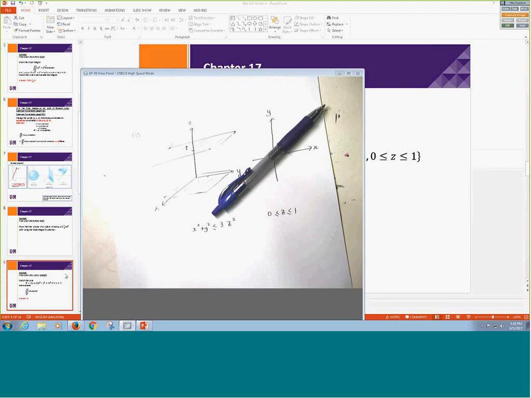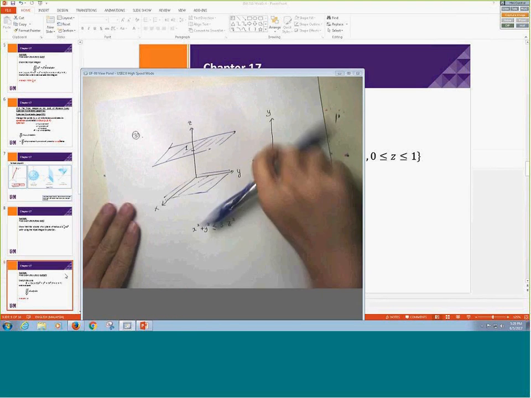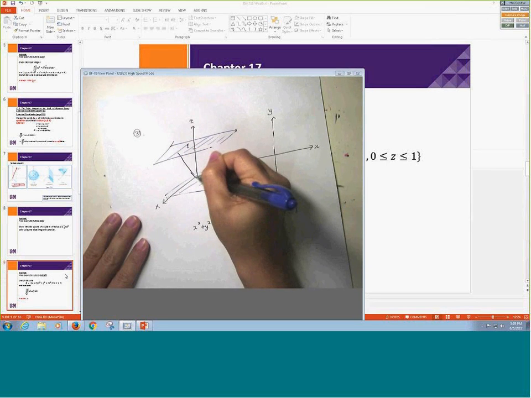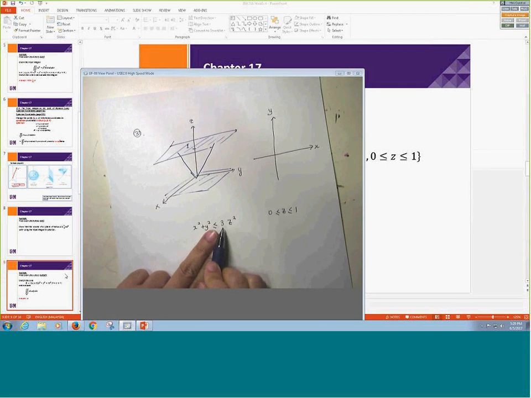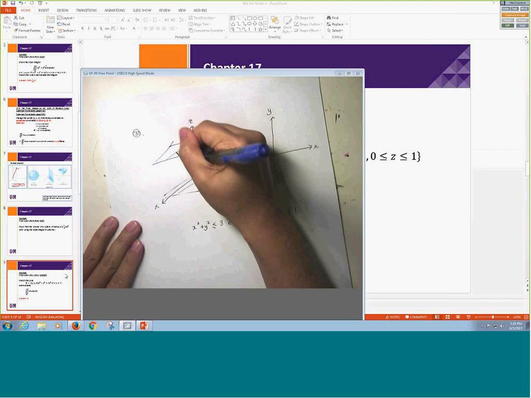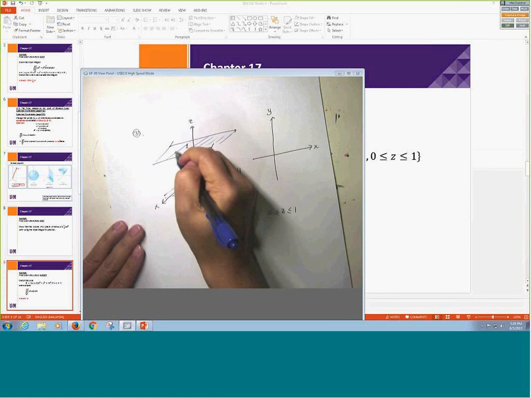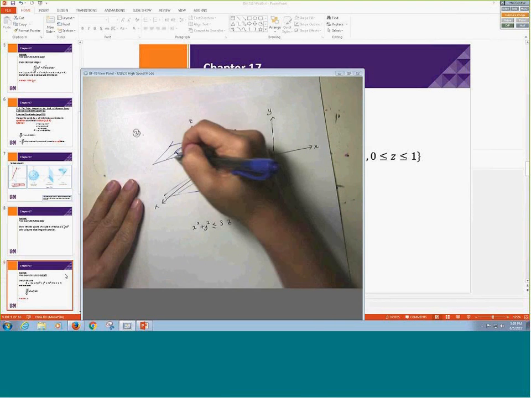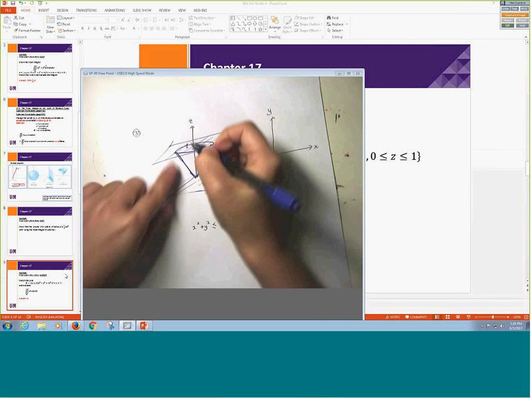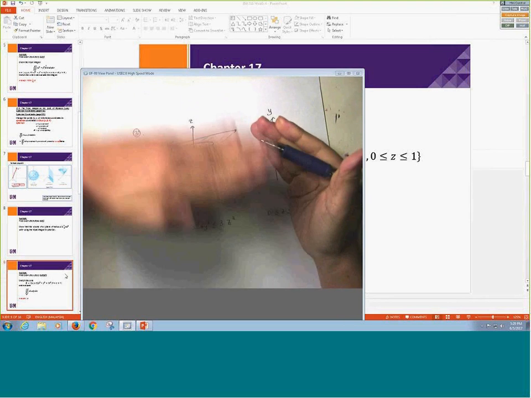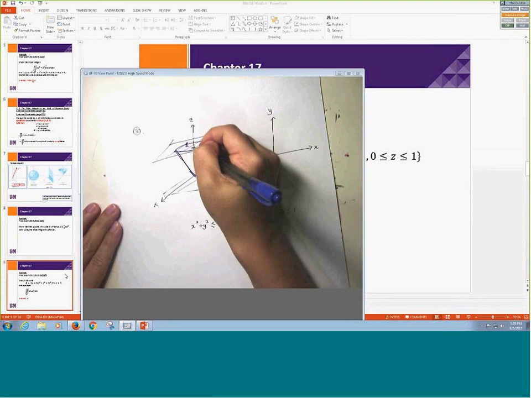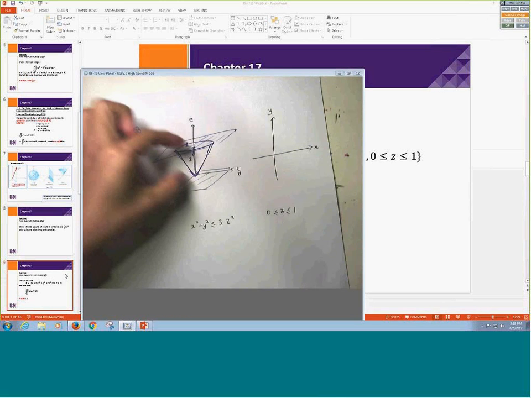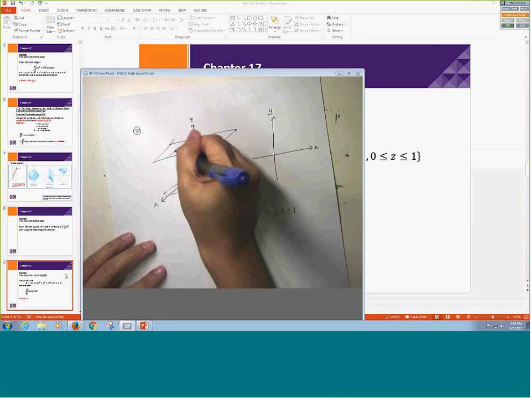Now your cone, the shape of the cone, we know that it is like this. But now we need to determine, because there is a constant 3 here. So this is your cone, the cone that is from 0 to 1. The height from here is 1, because z equals 1.